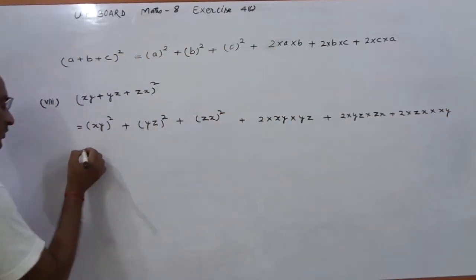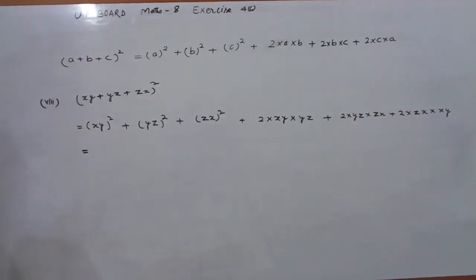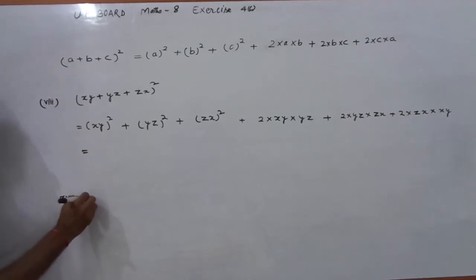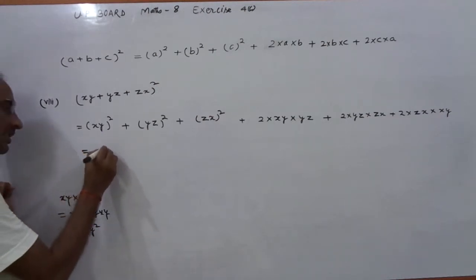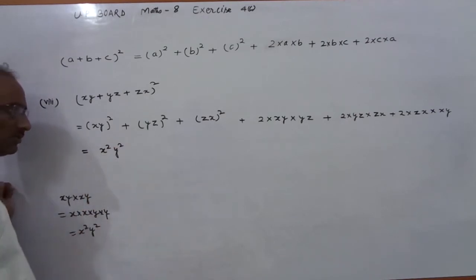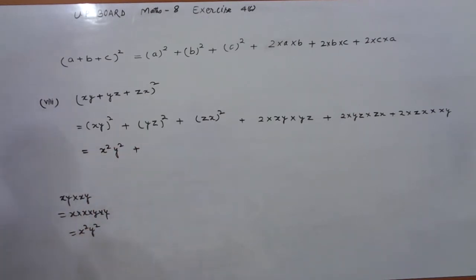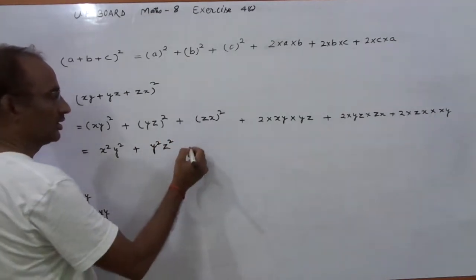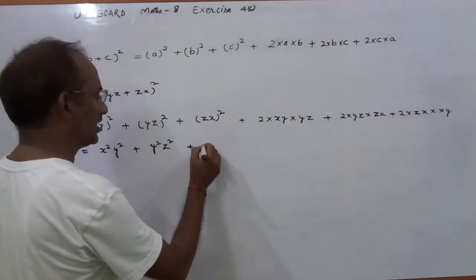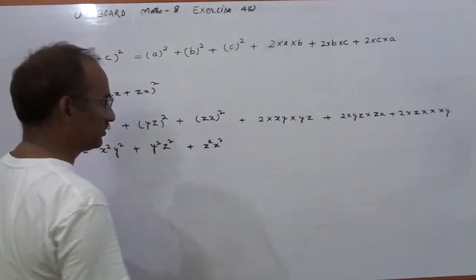In the next step, we write here xy multiplied with xy. When xy is multiplied with xy, we get x into y into y. So our answer will be x power 2 and y power 2. Similarly, when we multiply yz with yz, we get y power 2 and z power 2. And when zx is multiplied with zx, we get z power 2 and x power 2.